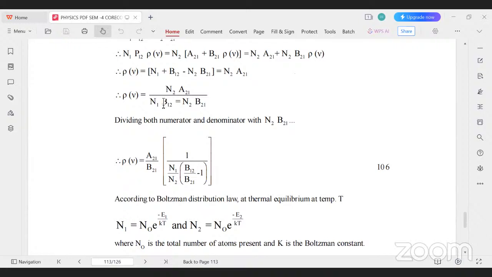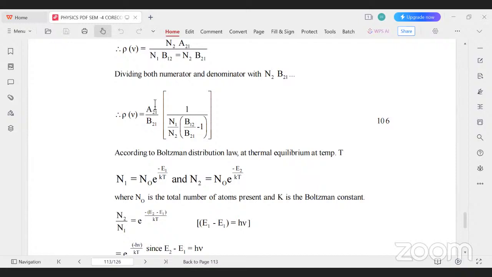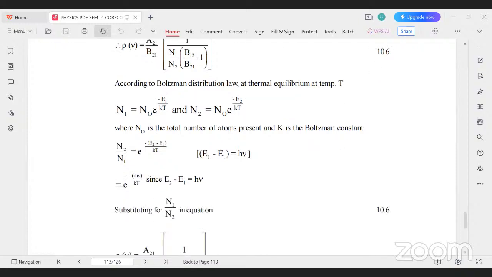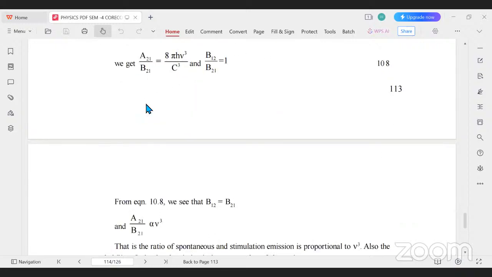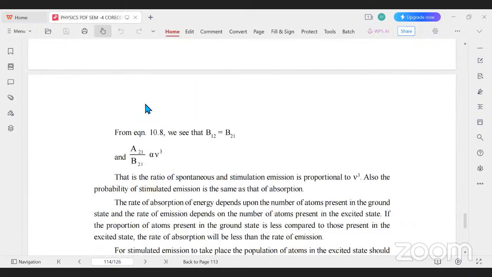According to Boltzmann's distribution law, at thermal equilibrium at temperature T, we get N1 and N2. Substituting for N1 and N2, we get an output from equation 10.